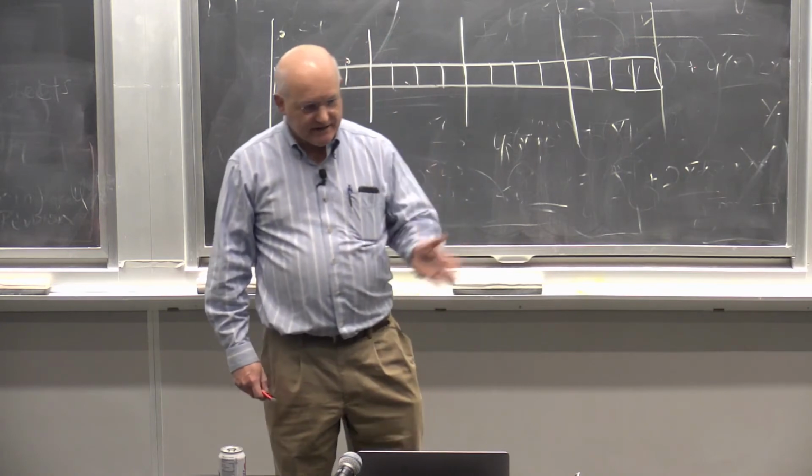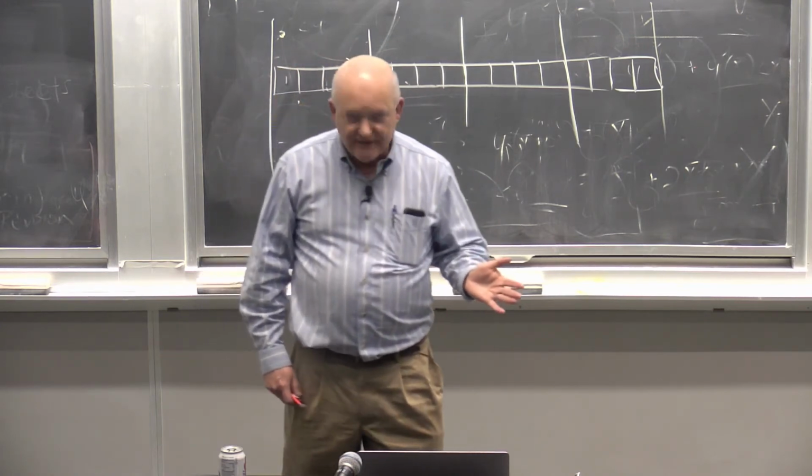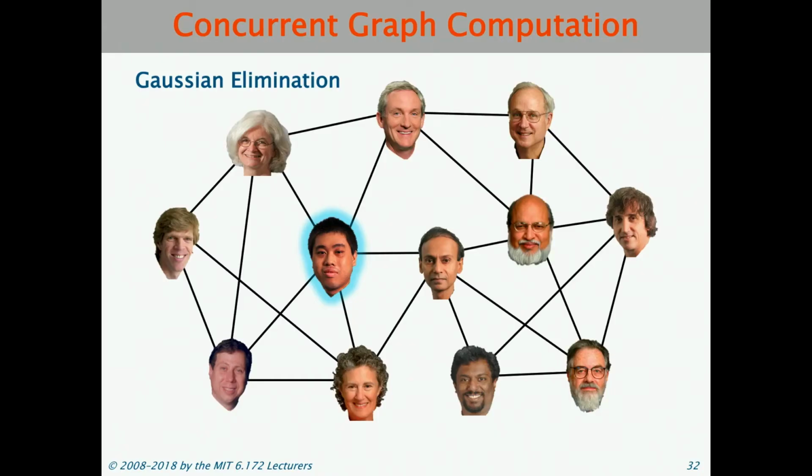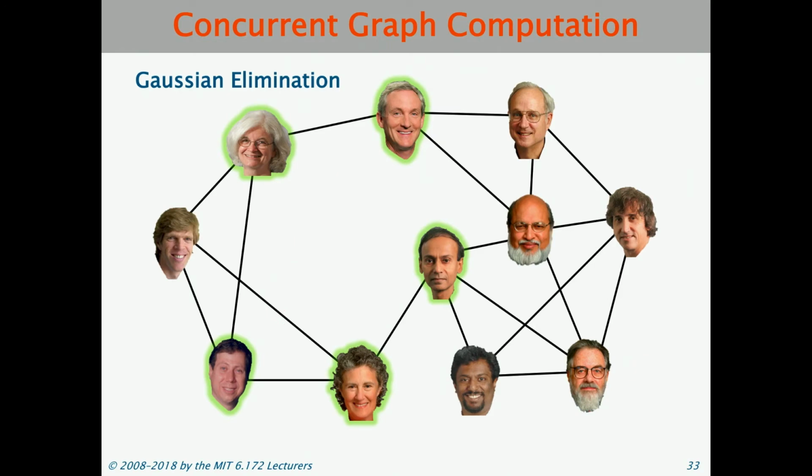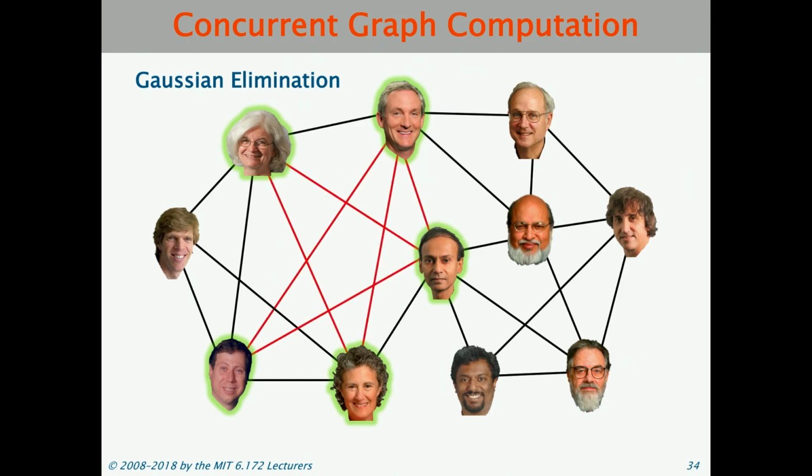You basically pick somebody to eliminate. And now what you do is look at this vertex's neighbors. Those guys. And what you do is you eliminate that vertex. Bye-bye. And you interconnect all the neighbors with all the edges that don't already exist.